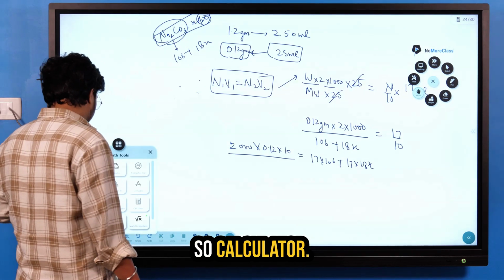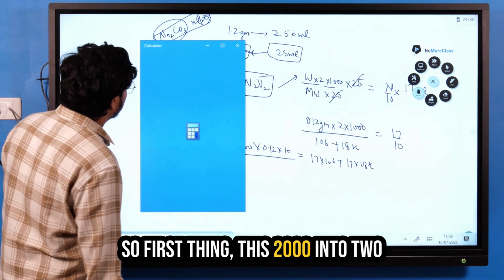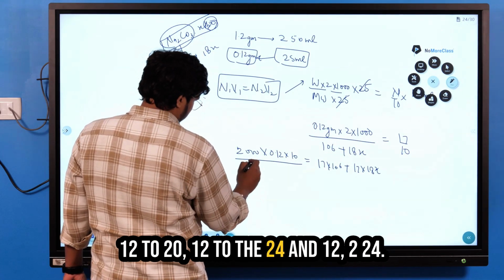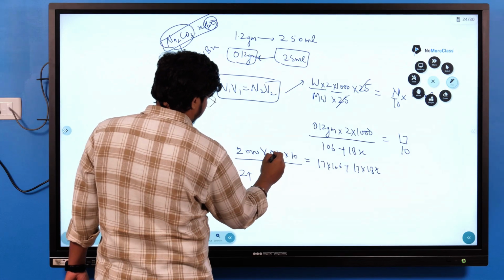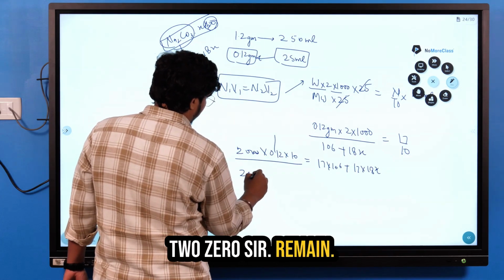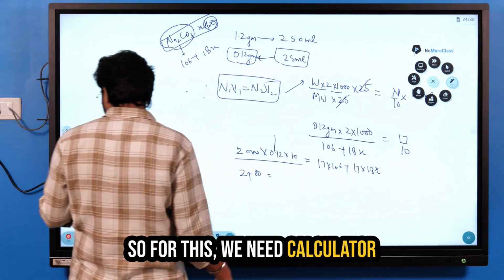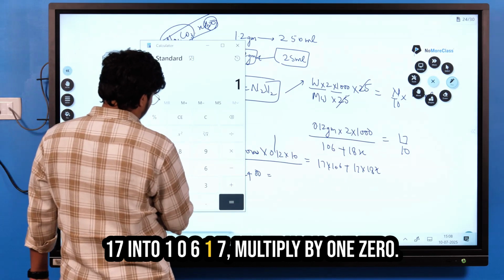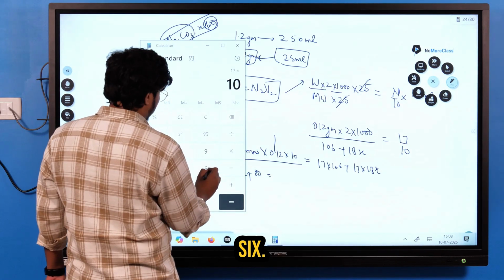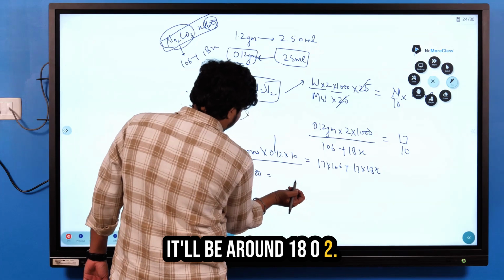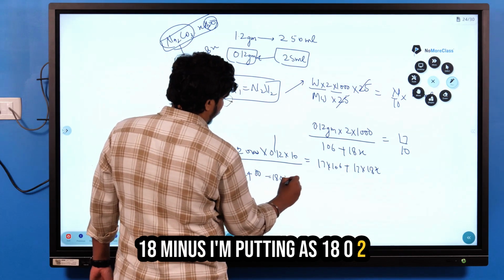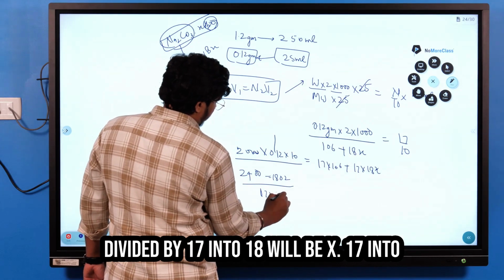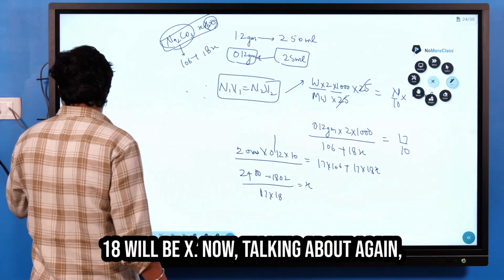First, 2000 into 0.12 into 10: 12 times 2 is 24, and 2 zeros remain, so 2400 will be there, equals, for this we need the calculator, 17 into 106, which will be around 1802, plus 17 into 18 times X.